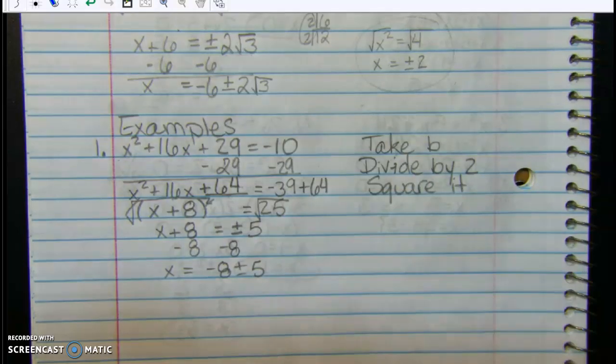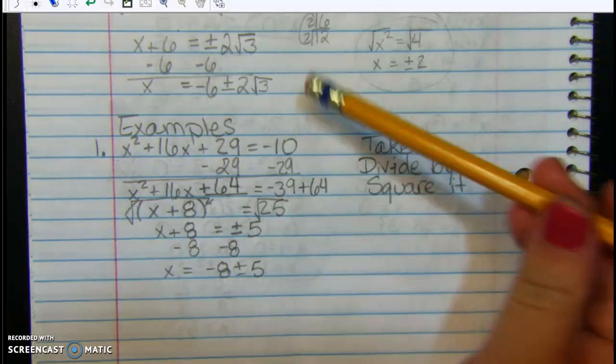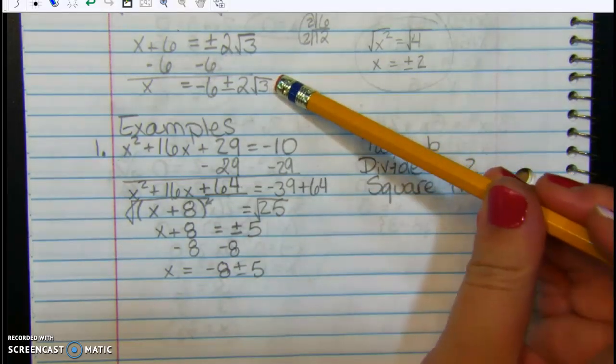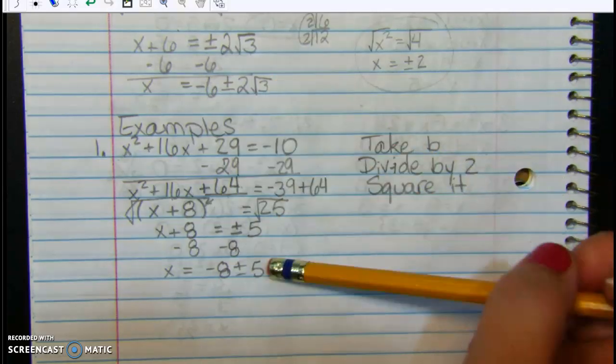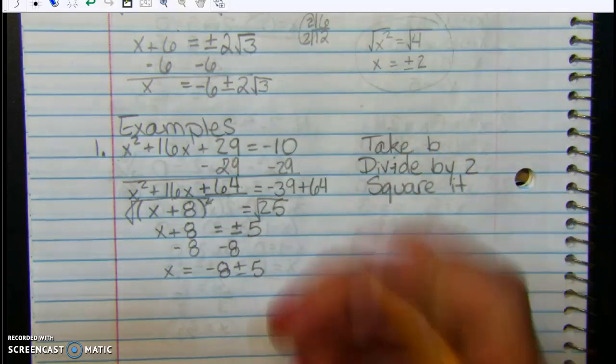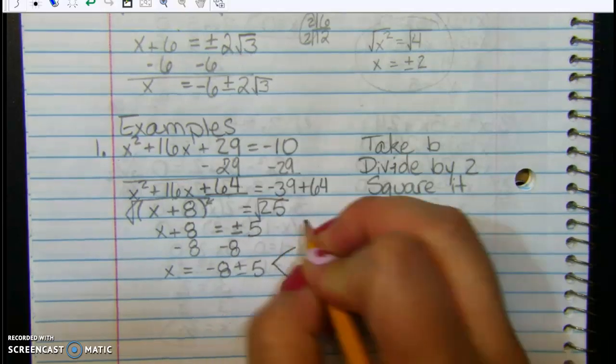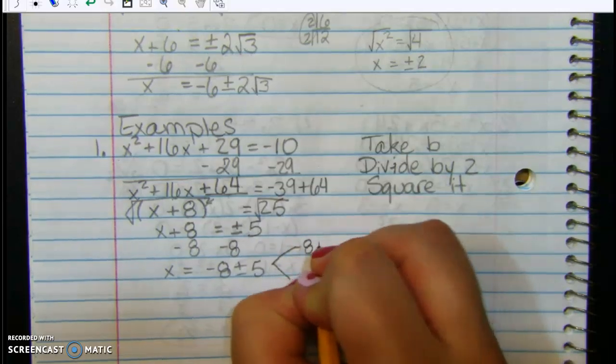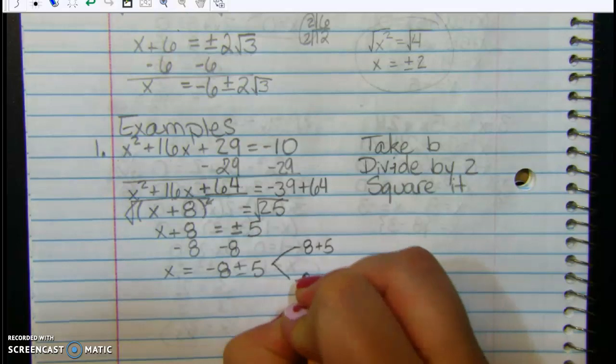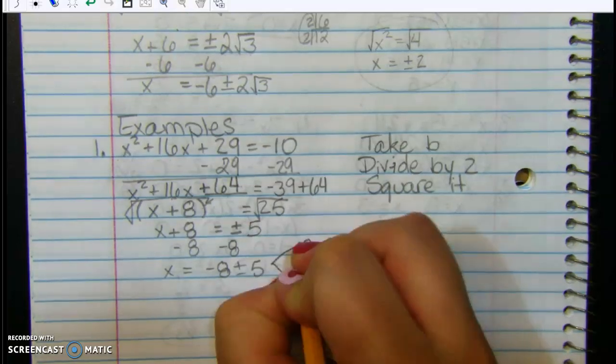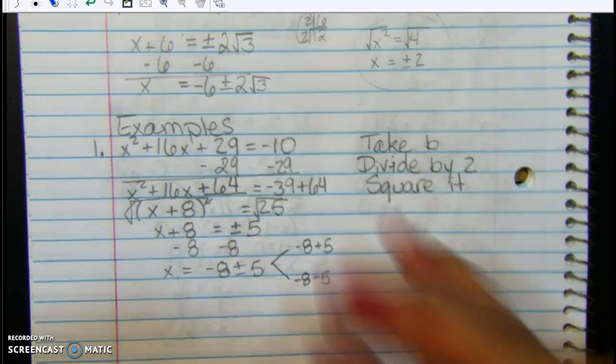Don't leave your answer like that. A minute ago, we left our answer like that because we couldn't simplify. This time we can simplify. These are just two different problems: negative 8 plus 5 and negative 8 minus 5. And those both have valid answers that you should be able to tell me.